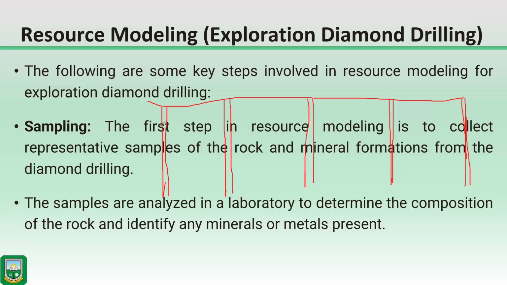Whenever it messes up, we say it has been contaminated, because we don't want the sample at this depth to mess with the sample at this depth. When something like that happens, it means it has been contaminated. It is not serving as a true representative of the samples taken.